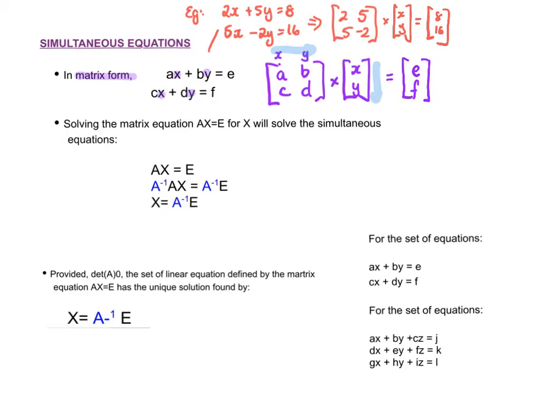Now see, if I just label this matrix, I'm going to label this one as matrix A. I'm just giving it a name. I'm going to call this one X, and I'm just going to call this one E for the end matrix. Now can you see up here, if I did the same up here and I did A, and I call this one X and that one E. Are you happy to say, if I just summarize the little statement like that, can you see we have numbers for A, don't we?